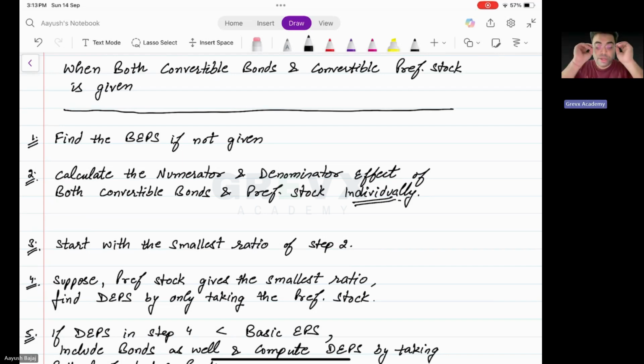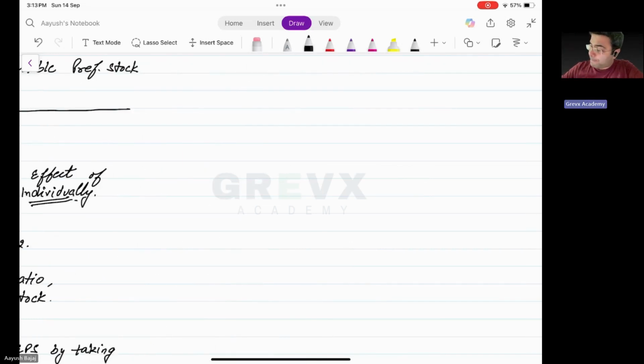No, look at it this way. Suppose you calculate the ratios for preferred stock and bonds. The preferred stock ratio comes out to be 1.5. The bonds come out to be 1.9.